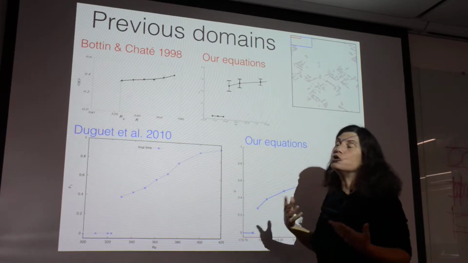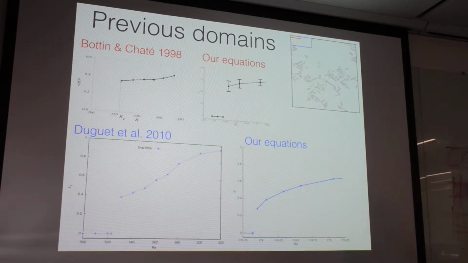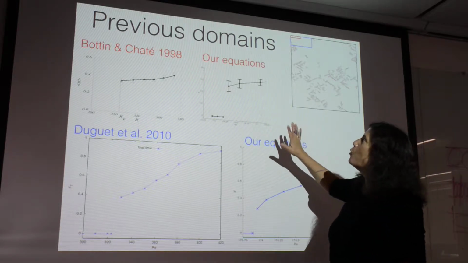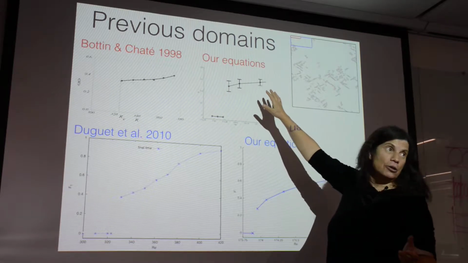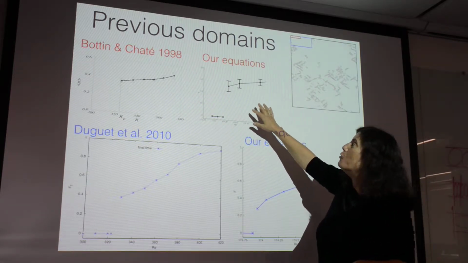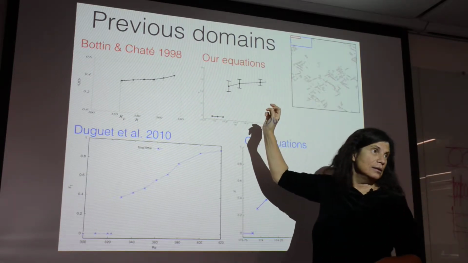One might think there are two differences between their work and ours. Theirs is plane Couette flow; ours is modified Waleffe flow. And theirs is a smaller domain; ours is a bigger domain. So what we did was use our equations, the modified Waleffe flow equations, in their size box.